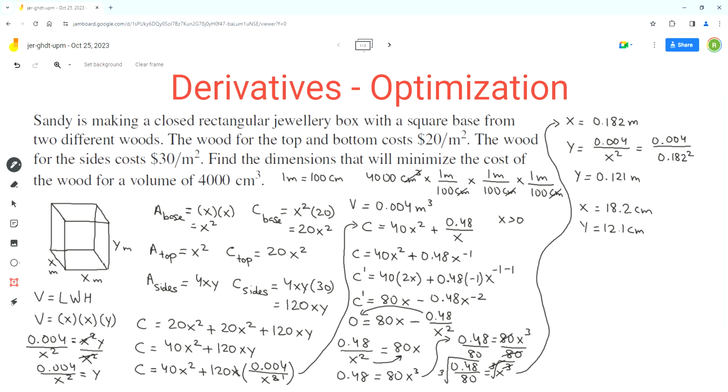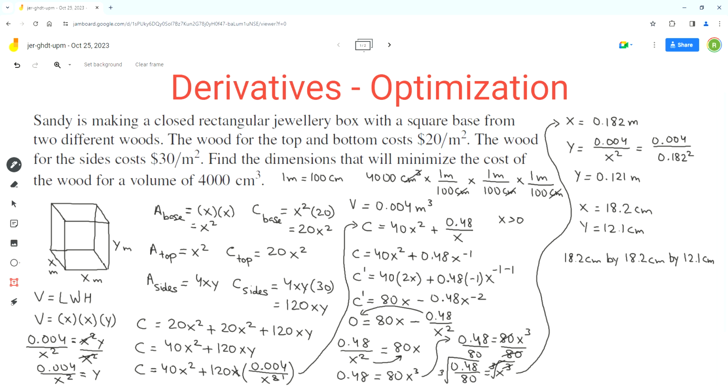So that means the dimensions of the box that will minimize the cost for 4000 centimeter cube volume will be 18.2 centimeters by 18.2 centimeters, that's the dimensions of the base, by 12.1 centimeters. So these are the dimensions that will minimize the cost of this jewelry box.